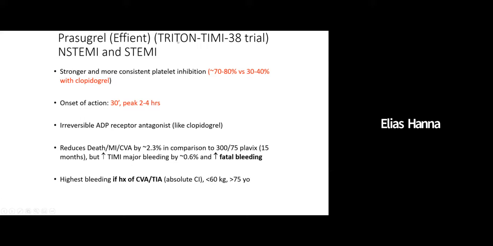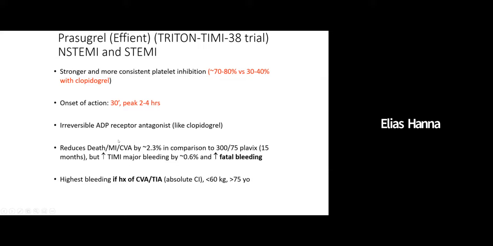The landmark trial is the TRITON TIMI-38 trial. In that trial, compared to Plavix in STEMI and non-STEMI patients, it reduced a composite endpoint compared to Plavix. It did not reduce mortality, keep that in mind, very important. And it did increase TIMI major bleeding, which is difficult to meet.